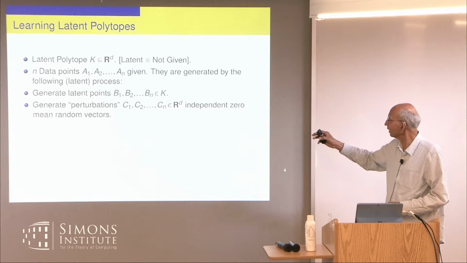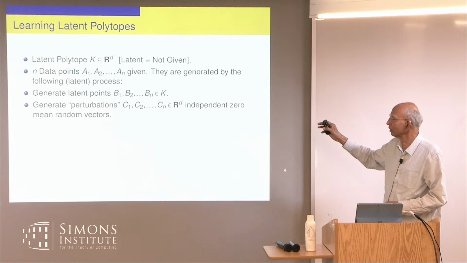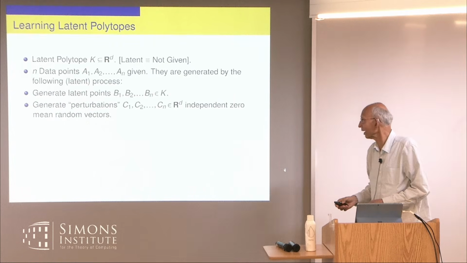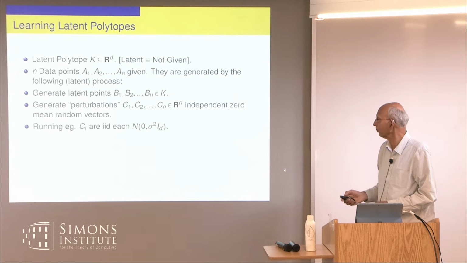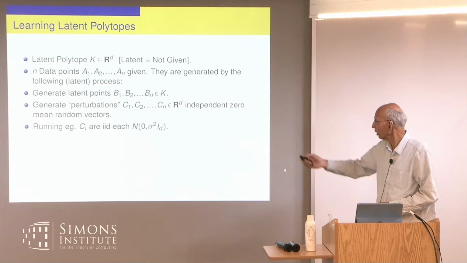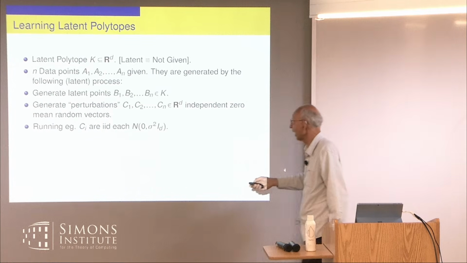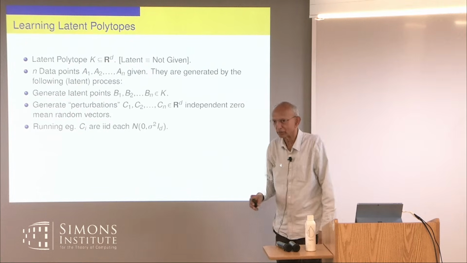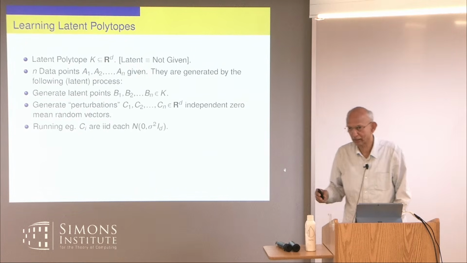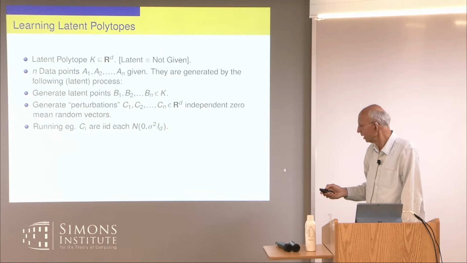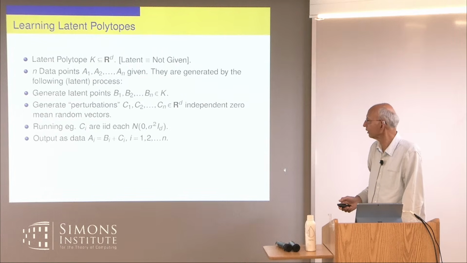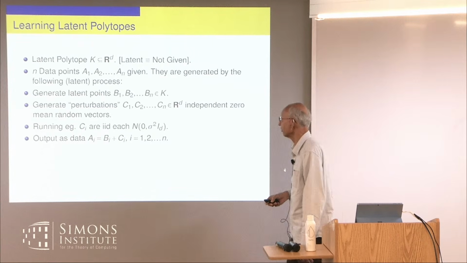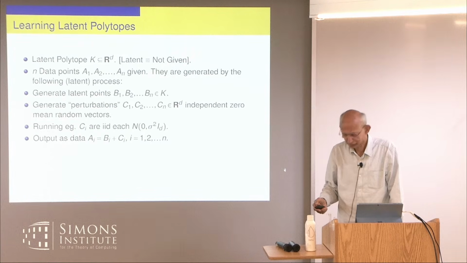These are stochastically independent, zero mean random vectors, and you add them. You can think of Ci for this talk, for all the intuition, as just spherical Gaussians. Okay? And what is output to the algorithm is Ai, which is Bi plus Ci.